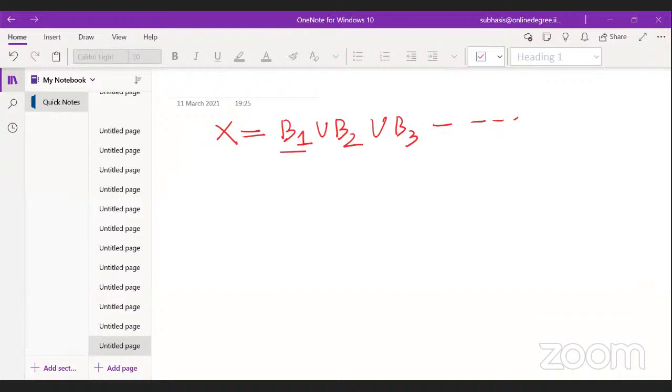And you know by our construction that Bi intersection Bj is empty, right? So this basically is creating a partition of the set X. Is it clear now? Yes, sir. Okay.